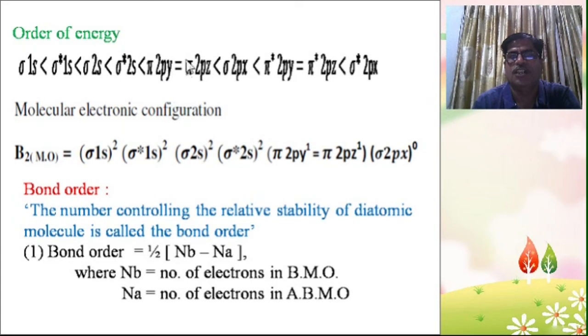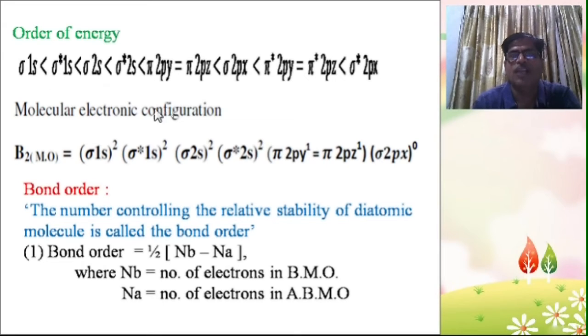So pi 2py is equal to pi 2pz, is less than sigma 2px, is less than pi star 2py, is equal to pi star 2pz, is less than sigma star 2px.